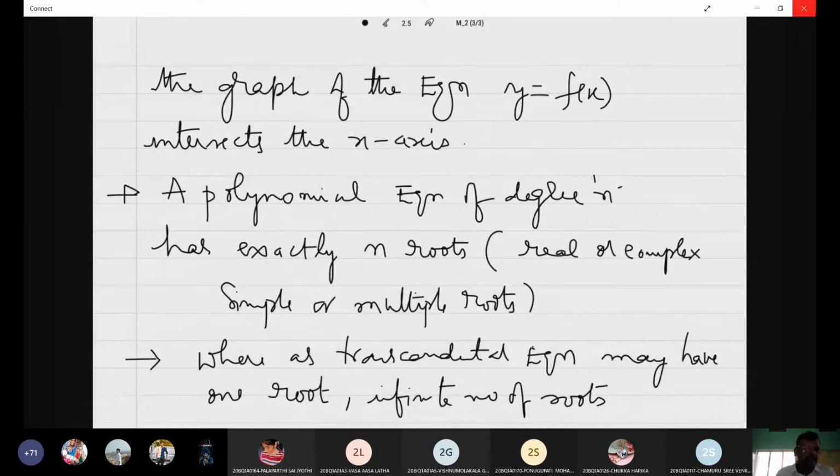Okay, now we have to know what methods we have to use to find the roots. That is very, very important.